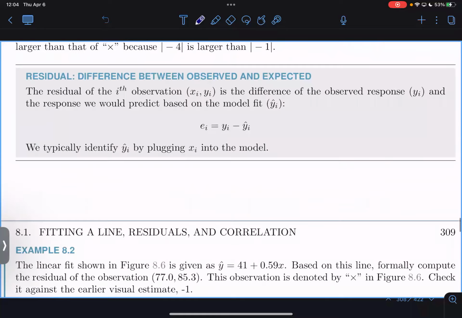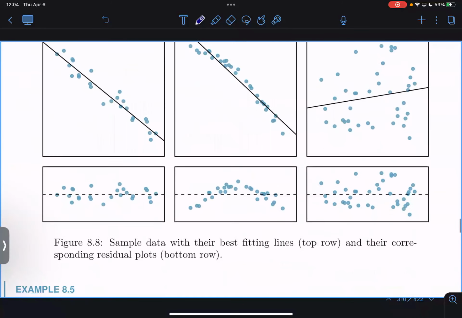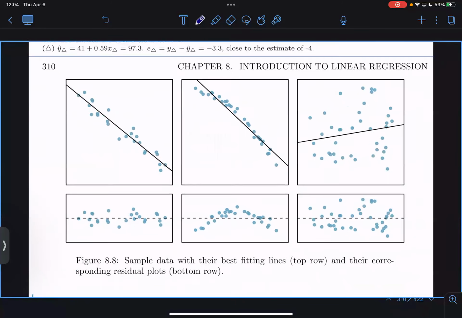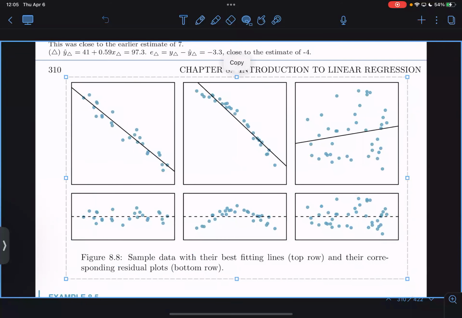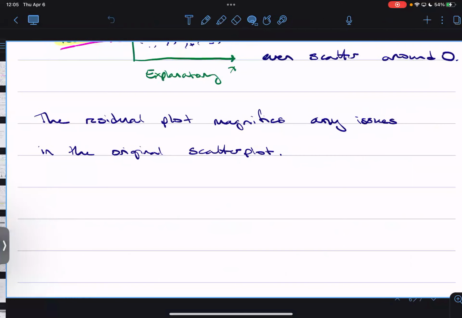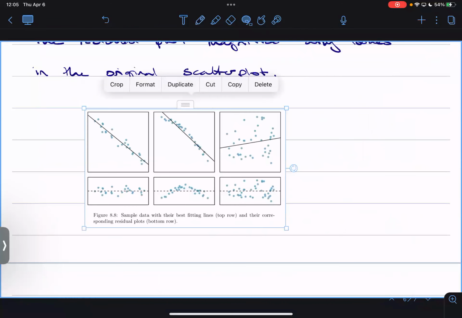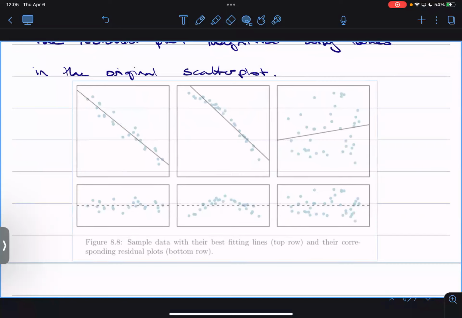Now let's see here. So a residual plot looks something like this.